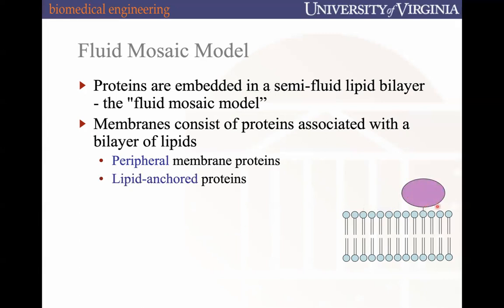This schematic doesn't do a great job; this should be bound to the interior, where the lipids are. This is through covalent bonding to the lipids themselves. These play a number of roles. A lot of signaling happens through lipid anchored proteins, and there's a lot of activity that goes on around these.